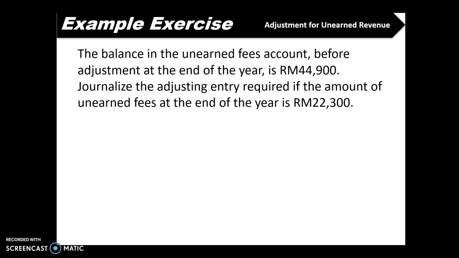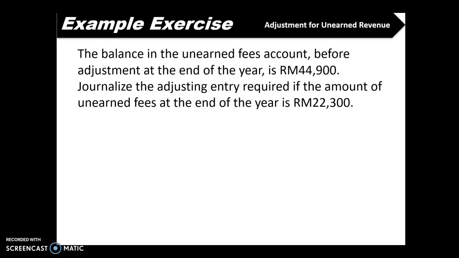Journalize the adjusting entry required if the amount of unearned fees at the end of the year is 22,300. Given to you, this is the figure before adjustment, 44,900.